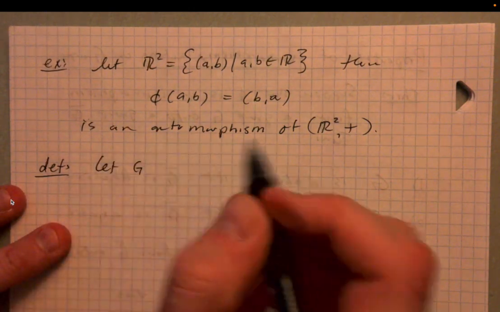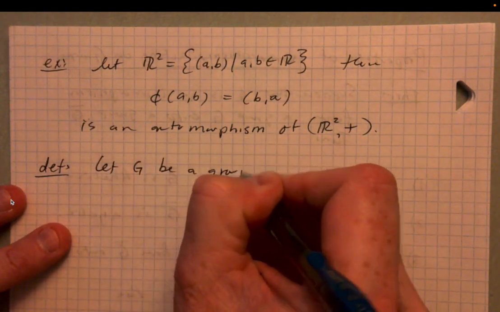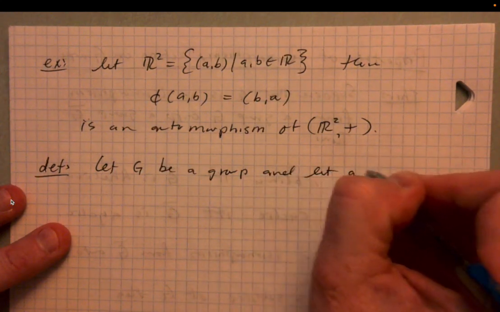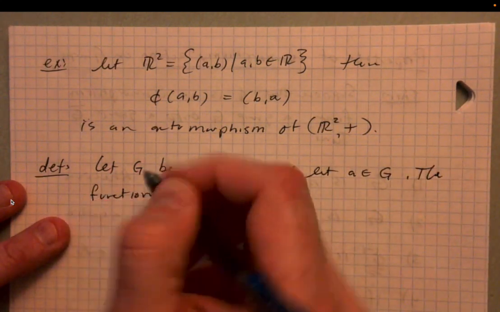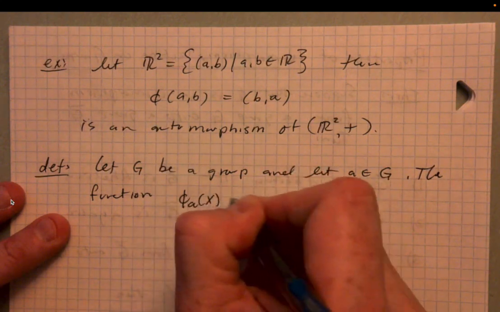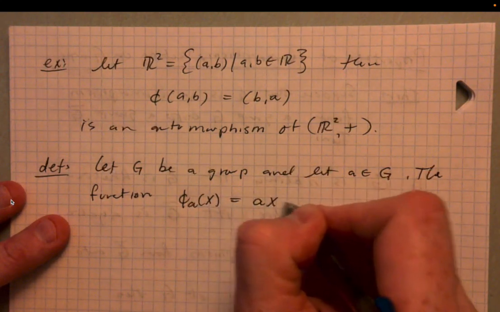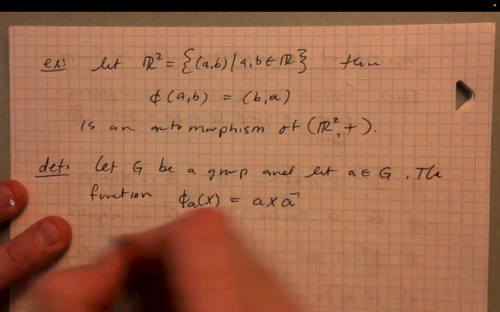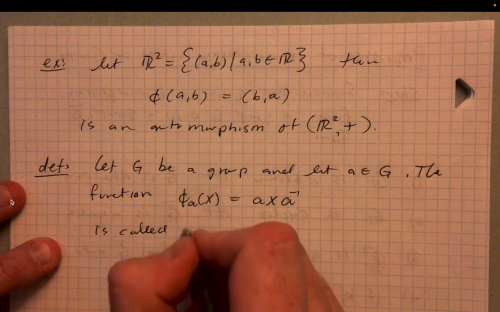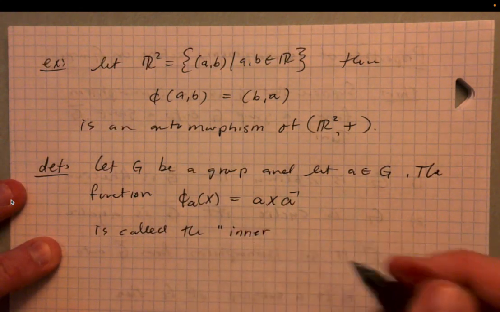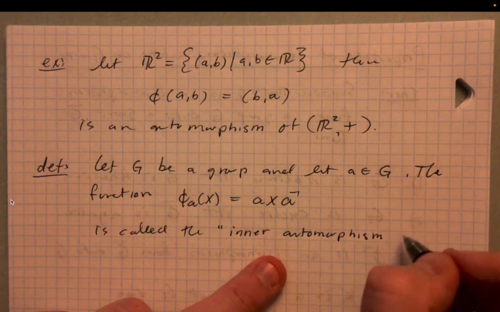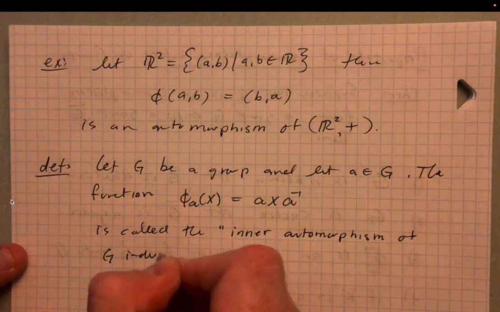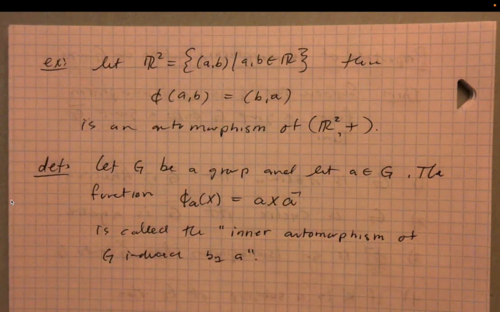Let G be a group and let A be any element in G. Then the function phi sub A of x equals A times x times A inverse is called the inner automorphism of G induced by A. Okay, so this is a special kind of automorphism that will come up a lot.